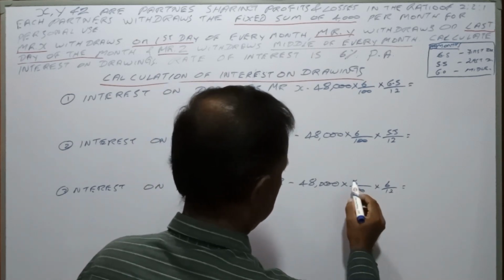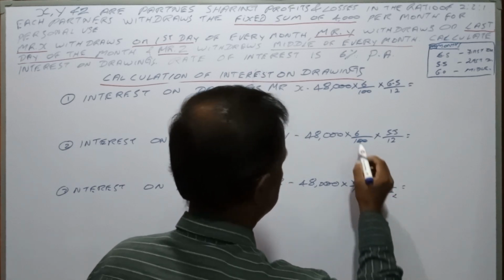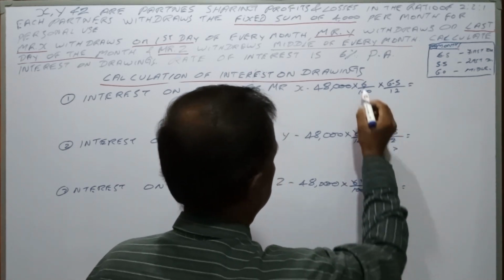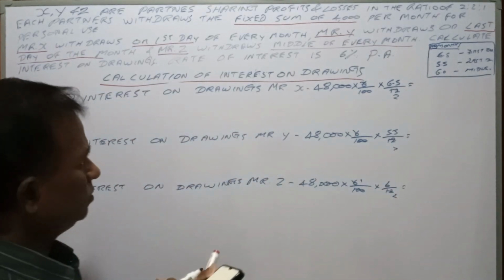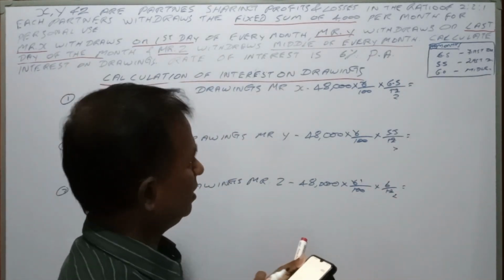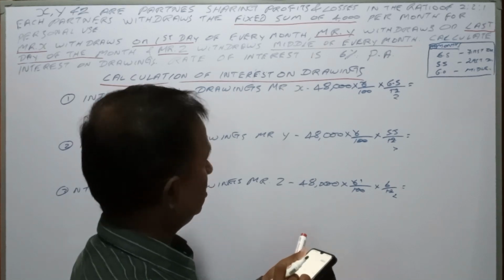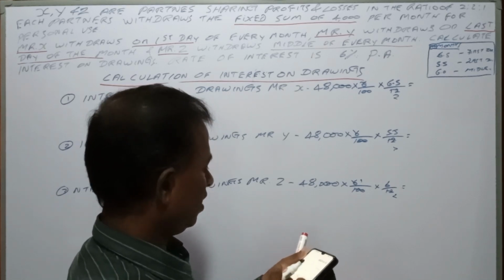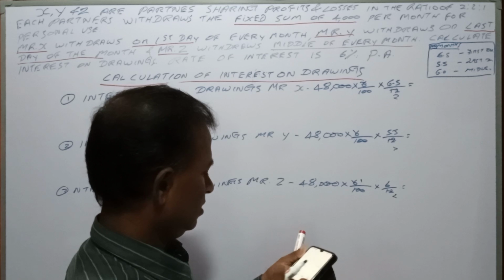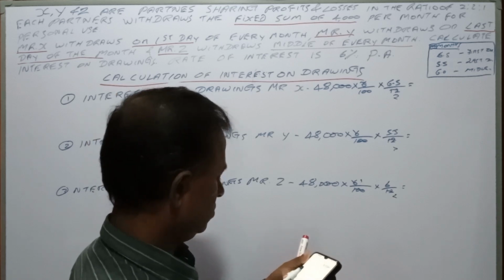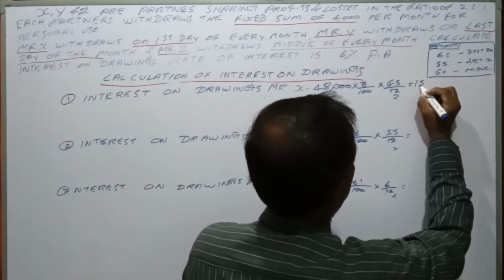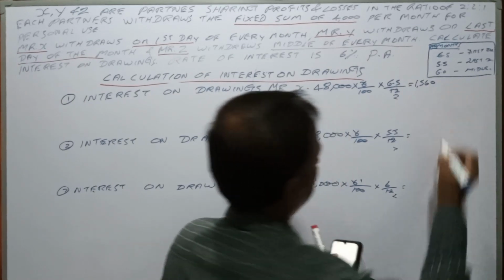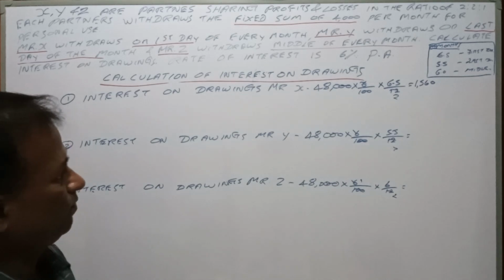This is 1, this is 2, this is 2, this is 2. Now you say it is easy. 480 into 6.5, divided by 2. This is 1560, the interest. 1560.